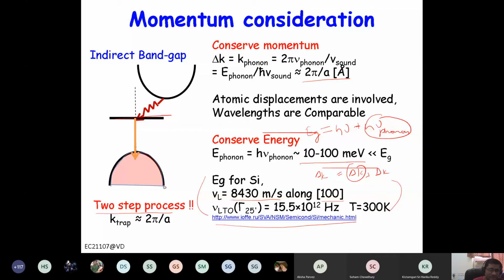But it is one of the particles that takes part in carrier generation recombination when it is trap assisted, right? Now you can understand like this. Both the processes are possible: direct recombination involving phonon, or indirect recombination involving again phonon and the trap level. But which will be more probable in indirect band gap? In the indirect band gap, of course, this trap level will be more dominant. Why? You can understand the situation like this.